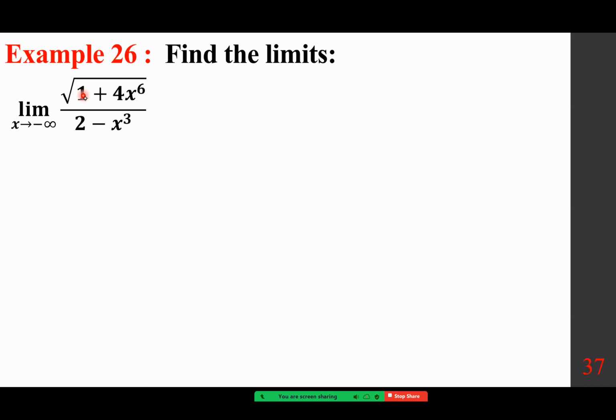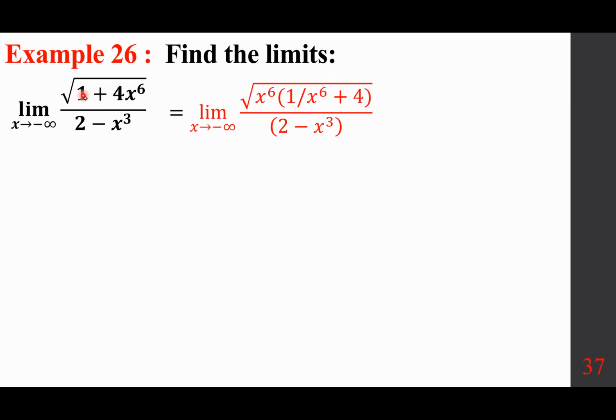And it's important to learn this method also as a calculus student. So why are we doing that? I'm taking the highest degree term inside the radical sign, and I factor this out. So I factor x to the power of 6. Now, the first piece, 1 over x to the power of 6, and the last one is 4. Again, if you have any doubts, multiply this to this. Is the way you deal with a case like this.